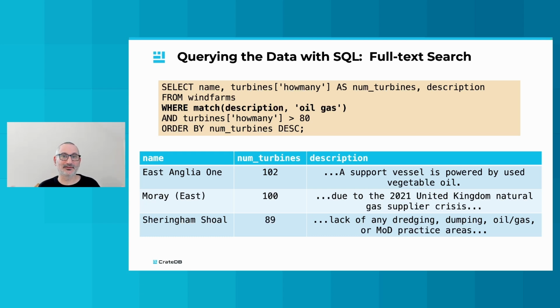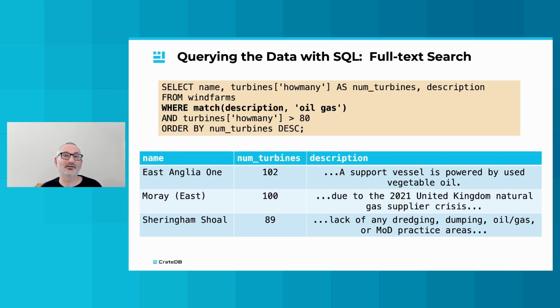So this is standard Lucene syntax. We could do oil and gas in that order, or anything more complicated that we wanted to do. But for now, we'll do oil or gas. And we also want there to be at least 80 turbines in the wind farm. And we want our result set back with the wind farm having the highest number of turbines first.